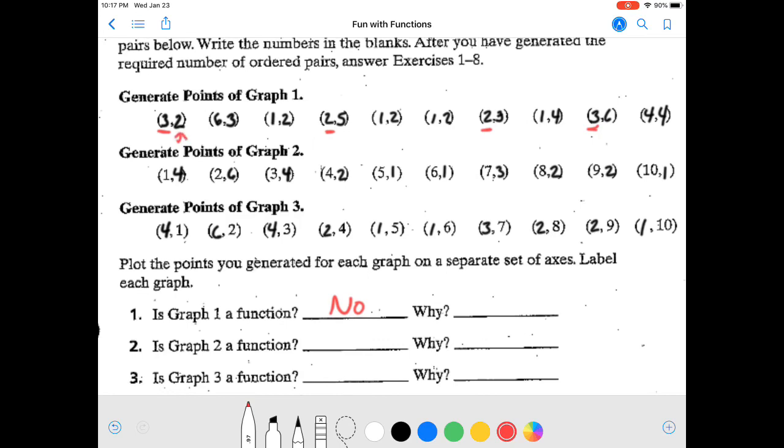And when they repeat, they have different y values, which is really that indicator that this is not a function. You can only have one y value for each x value. So when we say that graph 1 is not a function, it's because the x values repeat.